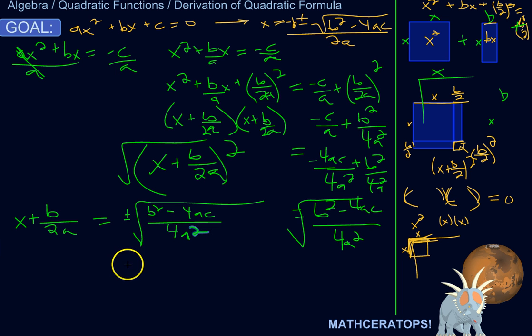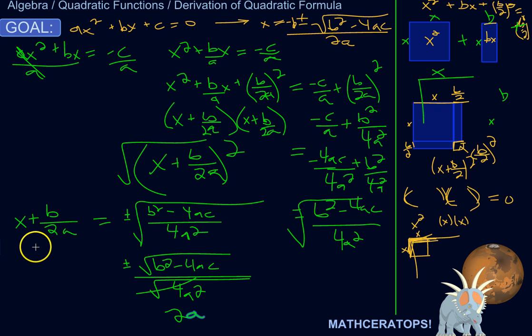And then we can actually simplify a little bit here. Plus or minus the square root of b squared minus 4ac over 4a squared is equivalent to plus or minus the square root of b squared minus 4ac over the square root of 4a squared. And then the square root of 4a squared is just 2a. The square root of 4 is 2, the square root of a squared is a. So this would just be 2a.